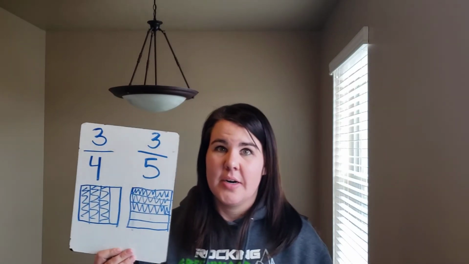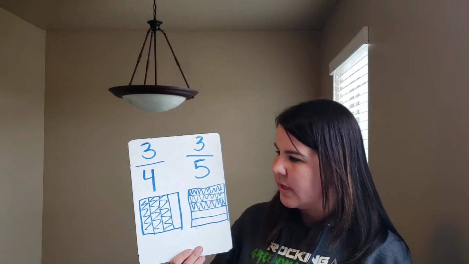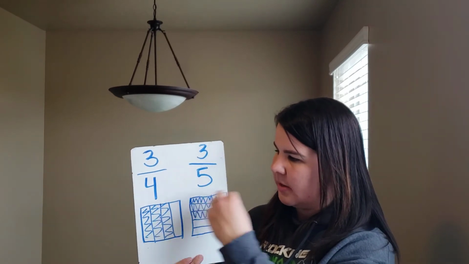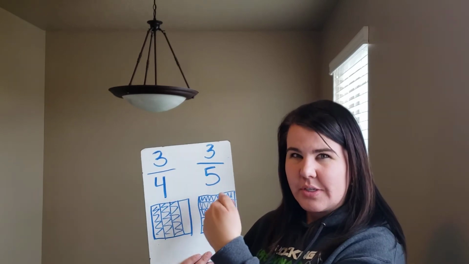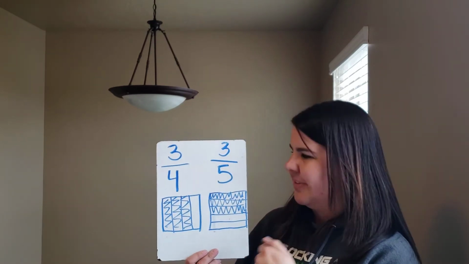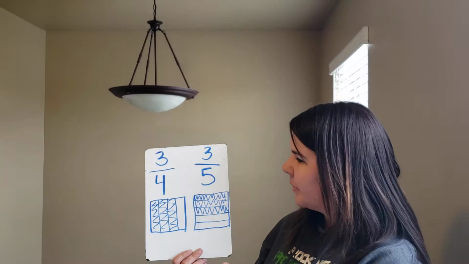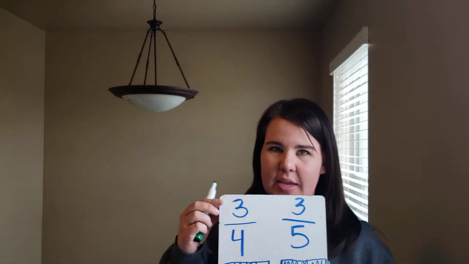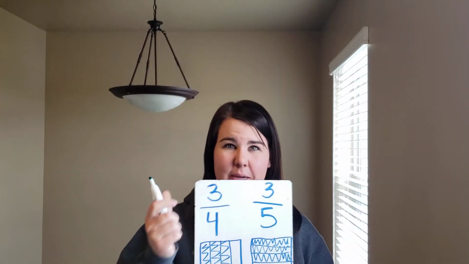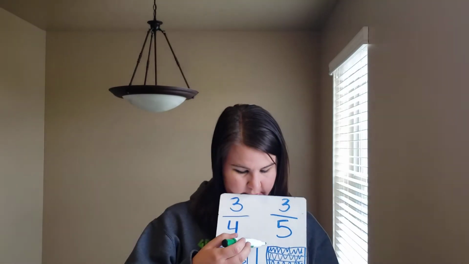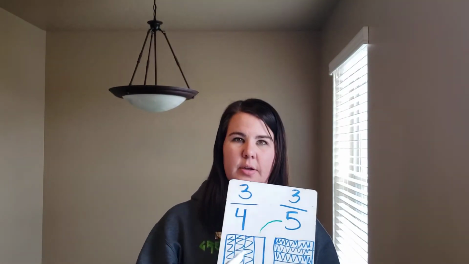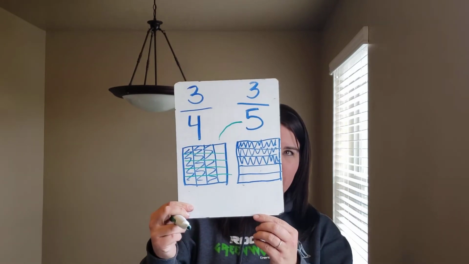Now remember when we were finding equivalent fractions and we partitioned or divided our fraction models another way. So like these are vertical and then we did it horizontal. It was magical. It's just math, but math is magic. Today we're going to do the same thing, but we're going to use that method to compare. So I'm going to take this area model and divide it into 5ths with vertical lines, like so.